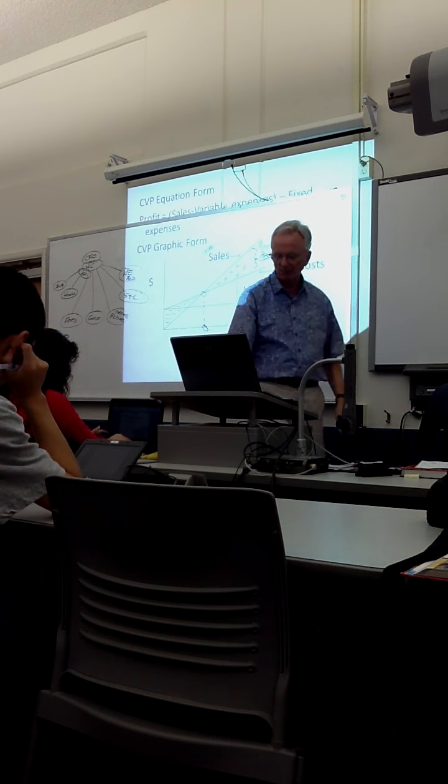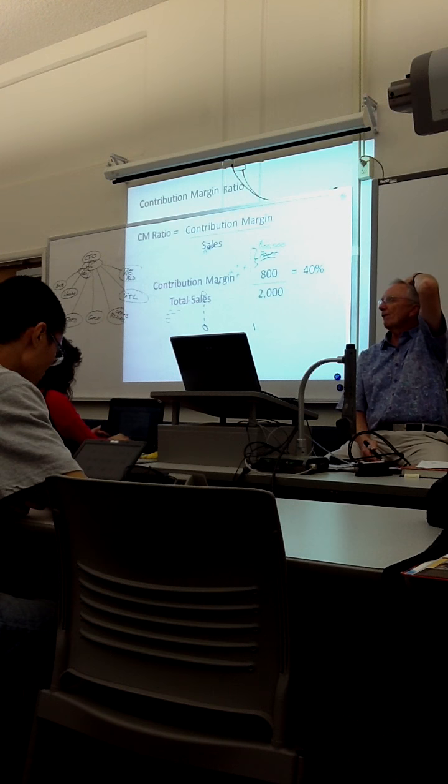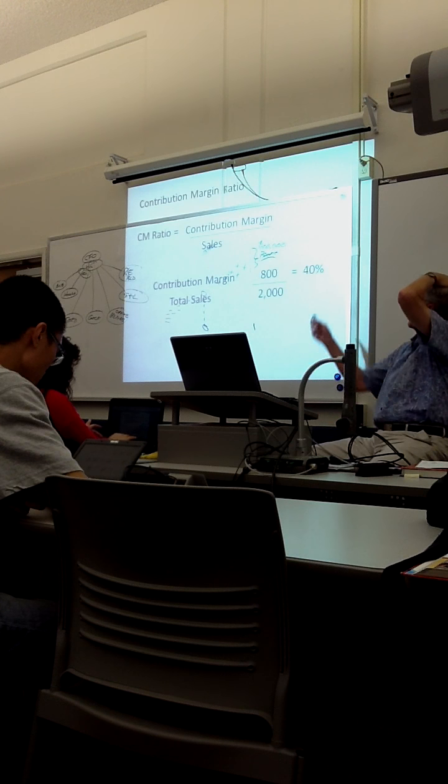Meaning, for every $100 of sales we make, what will be the profit? Or the contribution to profit? $40. 40%. What is our cost of sales going to be? What are our variable costs of the product under this scenario here?